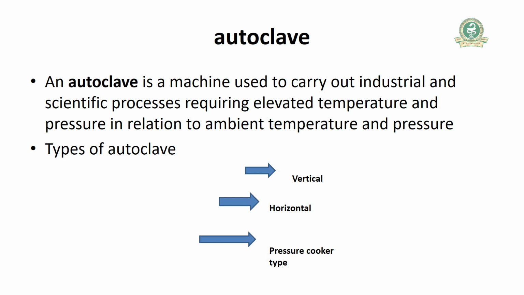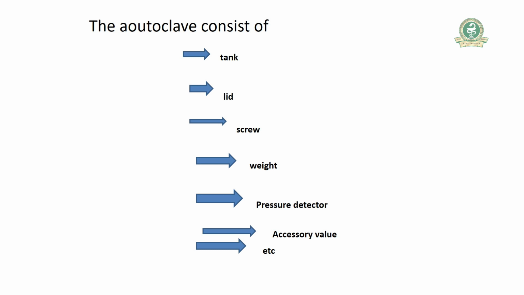Types of autoclave. There are different types of autoclave like vertical autoclave, horizontal autoclave, and pressure cooker type of autoclave machine. The autoclave machine consists of a tank, lid, screw, weight, pressure detector, and accessory valve, which is responsible for the removal of gas which is present inside the autoclave machine.